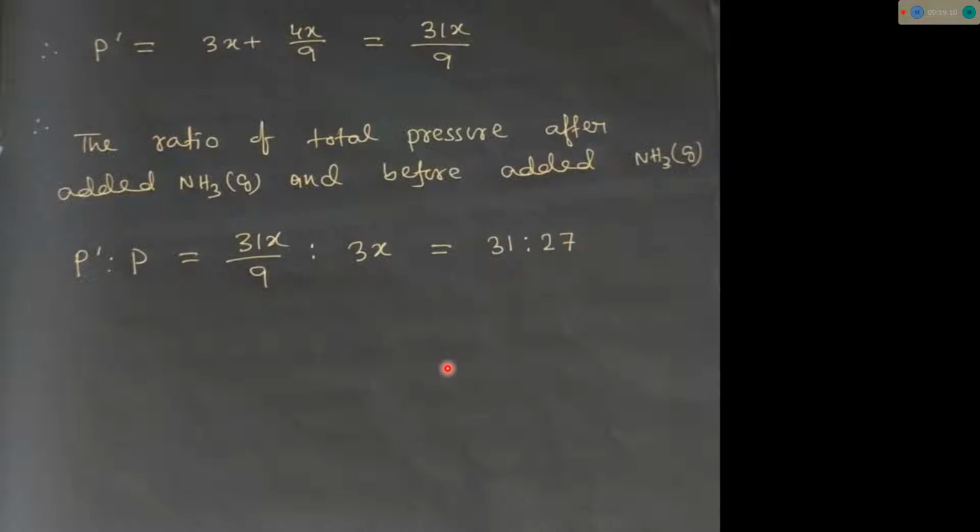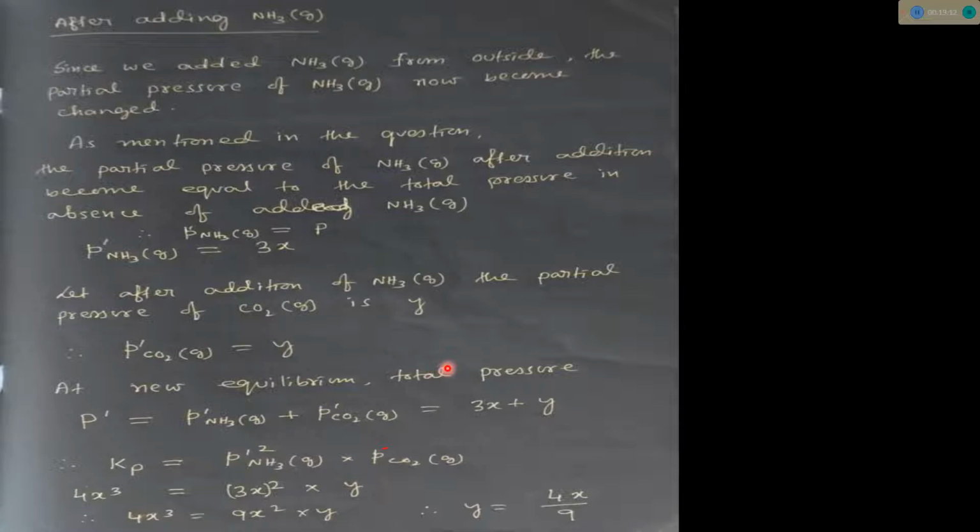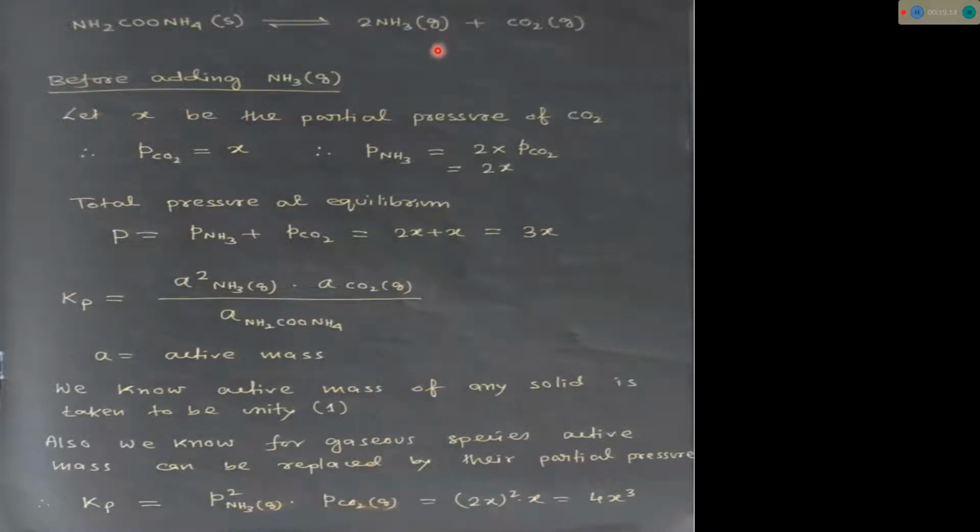So I think you guys all understand the main thing, that is equilibrium. Now in this case we are considering this whole equilibrium to calculate the partial pressure, total pressure and Kp value. So in this equilibrium, 2 moles of gaseous NH3 and 1 mole of CO2 are present. So the total pressure should be the summation of the partial pressure of NH3 and the partial pressure of CO2.